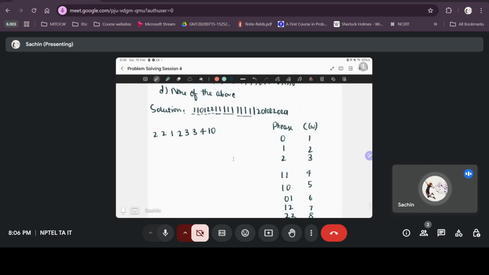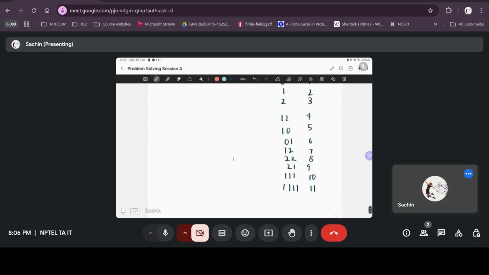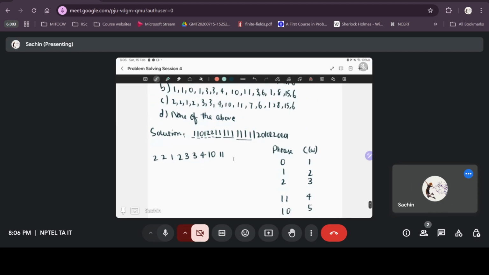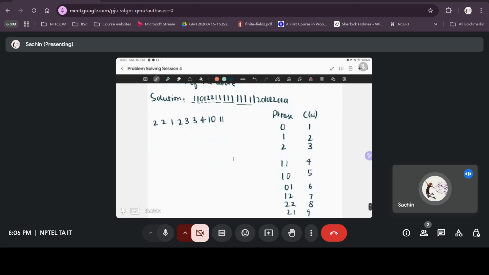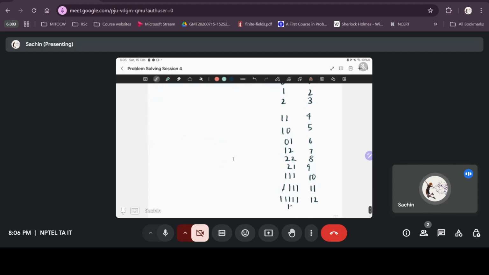Now 1 1 1 1 can be expressed as code word 11, and 1 1 1 1 1 would be code word number 12. Now you have 1 2, it's code word number 7. 1 2 0 is not in the code book, so 1 2 0 is included as the 13th code word.